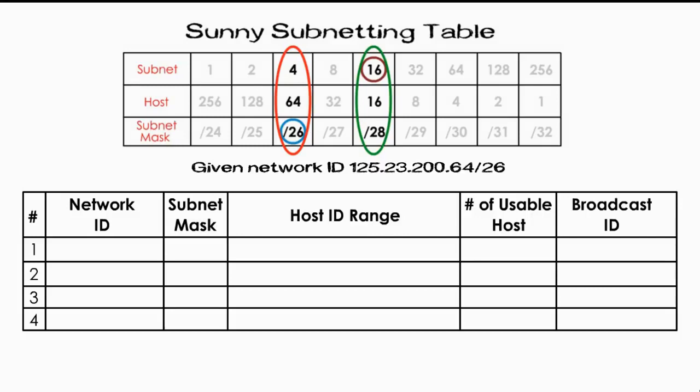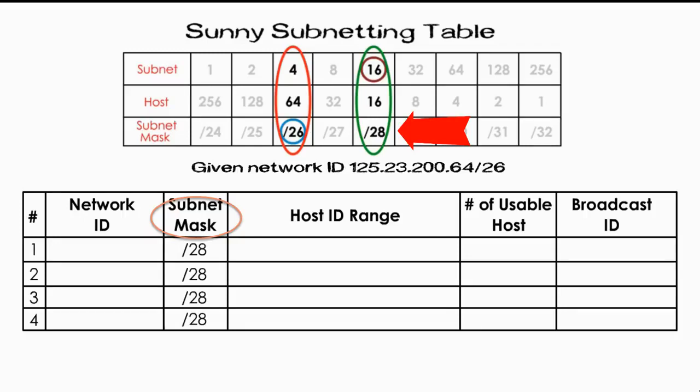The process is the same as subnetting as we demonstrated in last video, so we speed up a little bit. Let's do the new subnet mask for each subnet first because it is easy. They are all /28. We are done with the subnet mask.